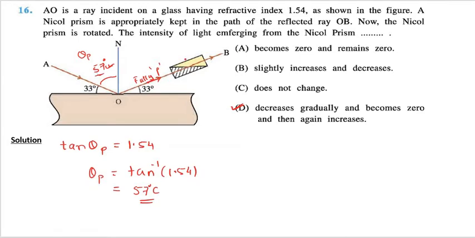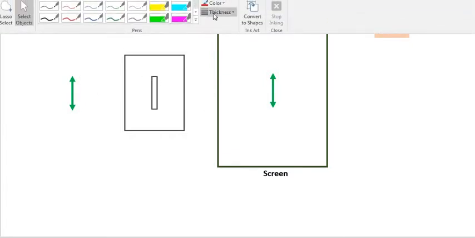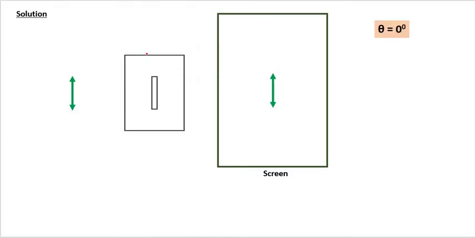And when fully polarized light passes through a polarizer, and we rotate the polarizer from 0 to 360, we get 2 times maximum and 2 times minimum intensity. So let us consider this situation. Say this is the optic axis and this vector is parallel, so the light is going to come to the screen, and theta is 0 degrees.